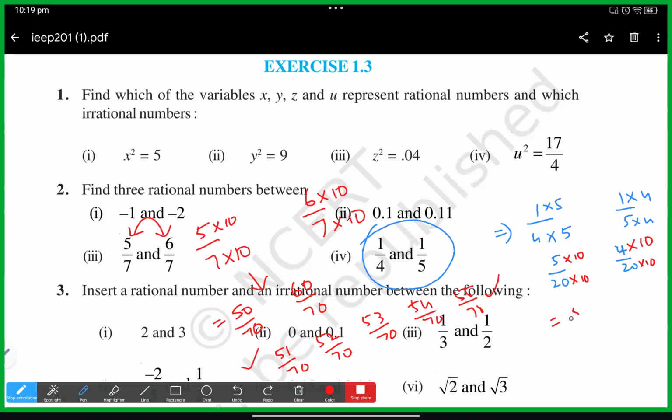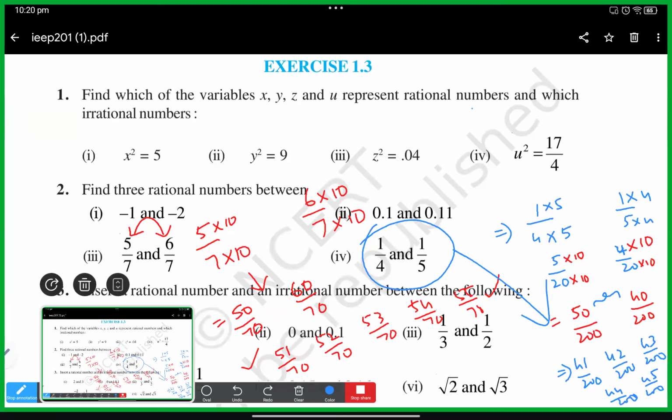It will become 50 by 200 and 40 by 200. So between 40 by 200 and 50 by 200, we have 41 by 200, 42 by 200, 43 by 200, 44 by 200, 45 by 200, like that. So many we can have. Okay, sir.